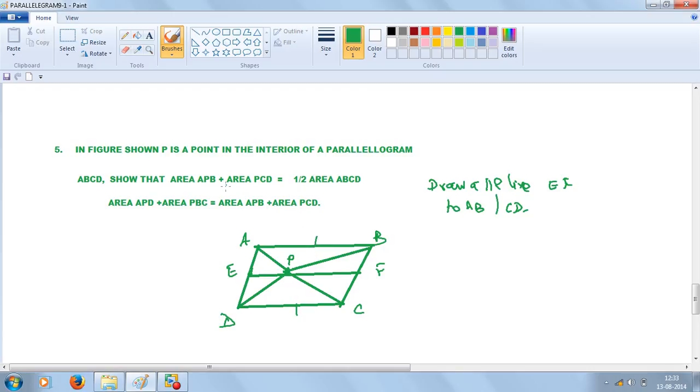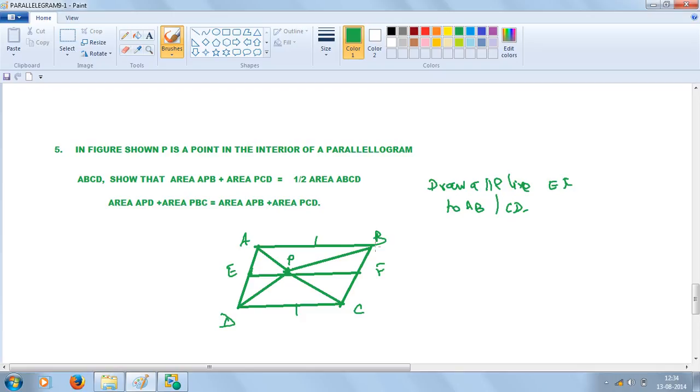So what is there to prove now? Show that the area of APB plus area of PCD is equal to half the area of ABCD. It's very, very simple. Same problem as before.